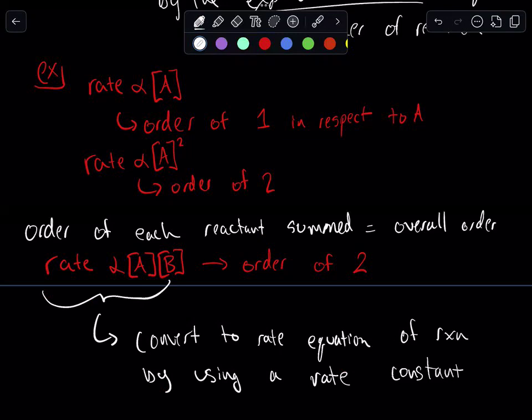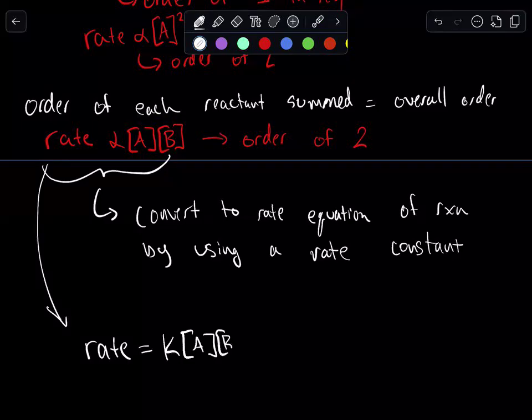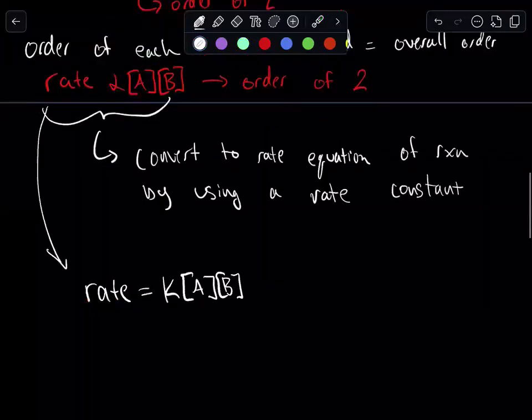So once we put in a value that converts this proportionality right here into the actual equation, so something that we can multiply by some constant k, then instead of a proportionality, this becomes an equals. And so what I'm saying is we can now take this equation up here, use a constant k, and it becomes rate is actually equal to the constant times A times B. And that is now our rate equation. So this is how we relate the rate expression to the actual rate.